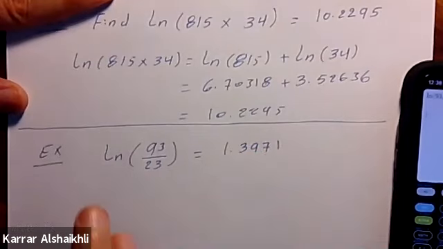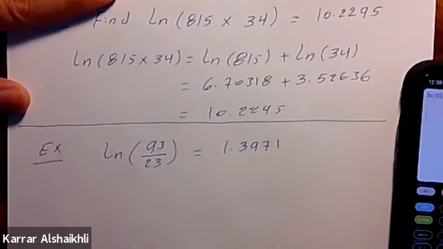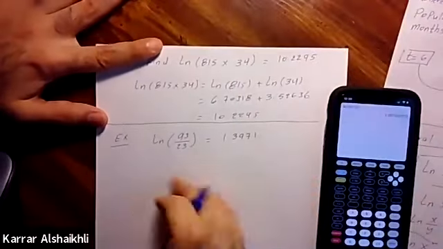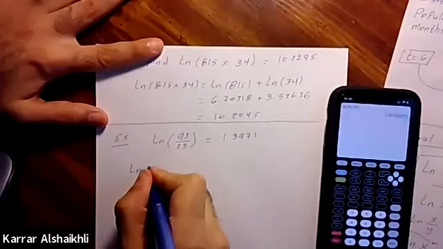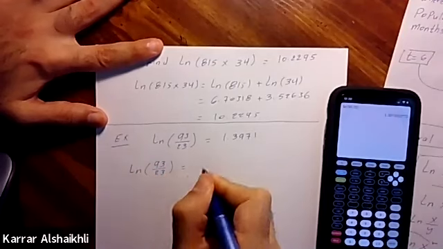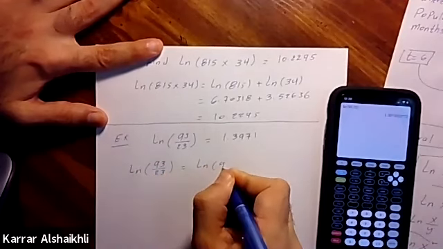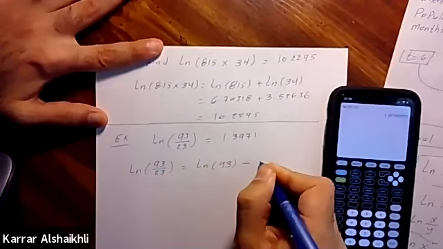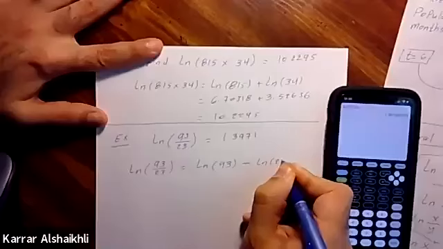1.3971. Or if you want to use the rule, ln 93 over 23 is going to be ln 93 minus ln 23.